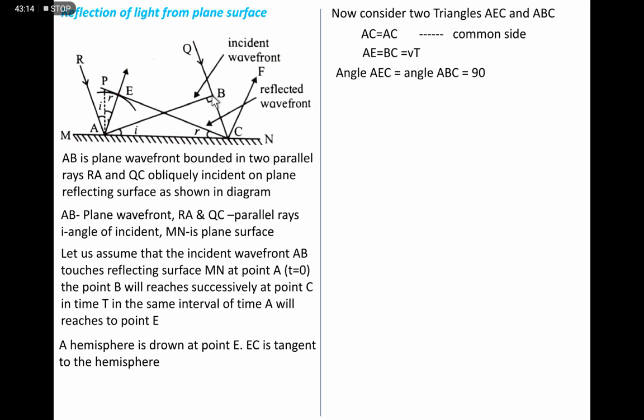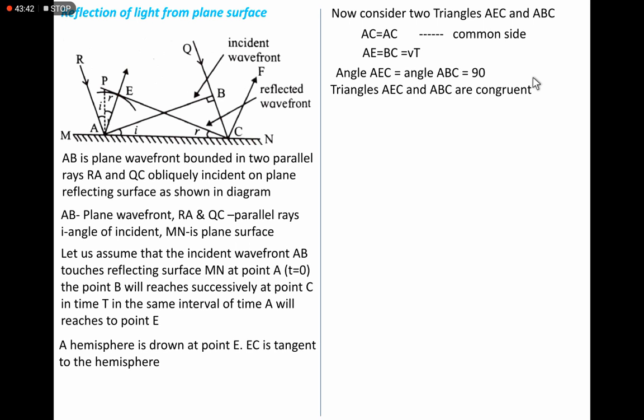This angle AEC and this angle ABC of the triangle ABC is 90. So two sides and the angle between them are the same. So these two triangles, that is AEC and ABC, are congruent.